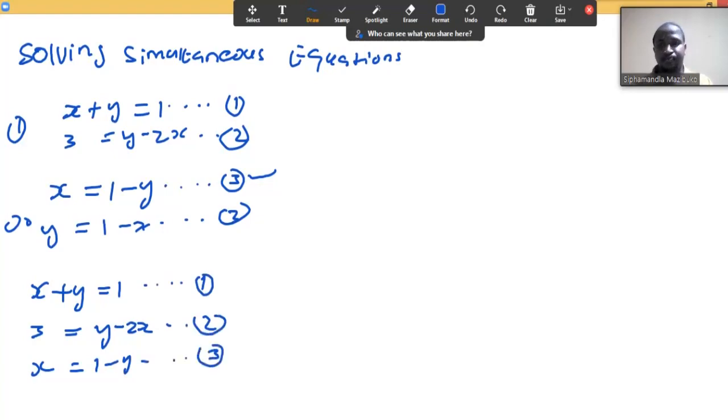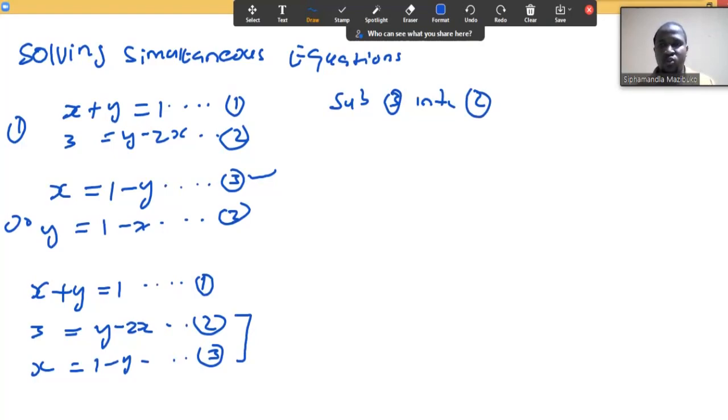Okay, so I need to substitute equation 3 into equation 2. So we're working with these two equations here.